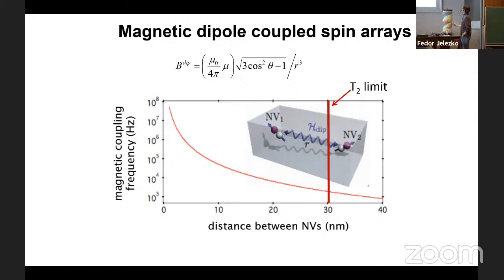So you need to have coupling on the order of at least 10 kilohertz. And this crossing point tells you that you need to place your spins on the order of 30 nanometers for room temperature operation. So the electron spins need to be as close as 30 nanometers.